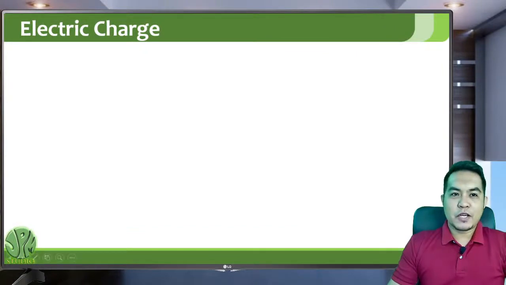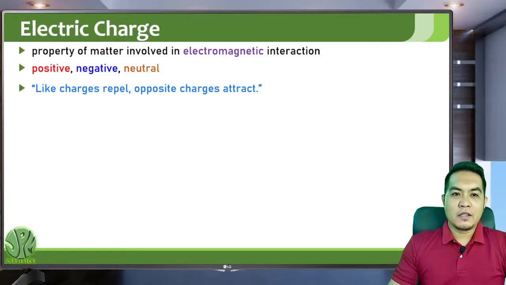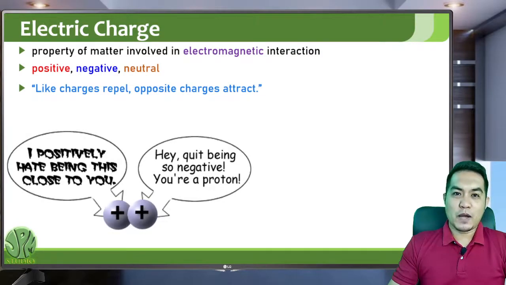Electric charge is the property of matter involved in electromagnetic interaction. It can be positive, negative, or neutral. The law of electric charges states that like charges will repel and opposite charges will attract. If you have two positive charges, they will repel each other.